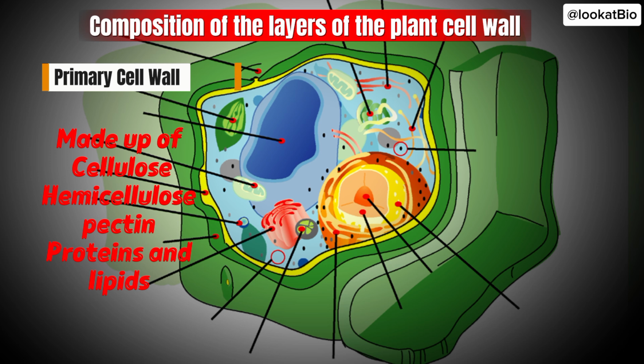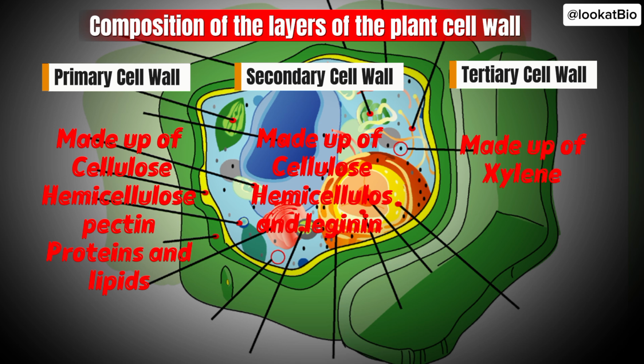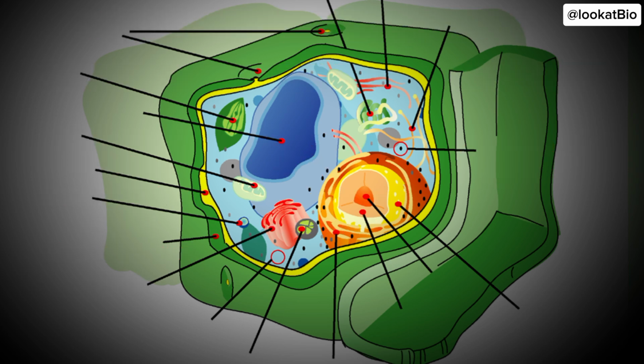Secondary cell wall is made up of cellulose, hemicellulose, and lignin predominantly. Secondary cell wall provides mechanical support to the plant. Tertiary cell wall, if present, is very thin, made up of xylem, which provides the intensity to the cell.